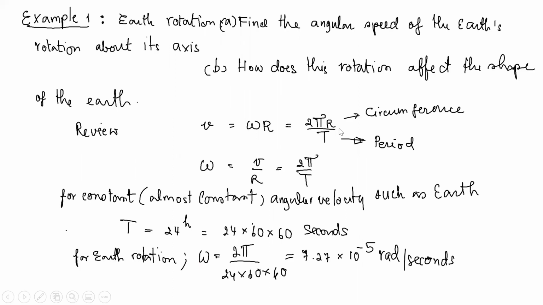Now, let's take a look at the example, which is the Earth rotation. Now, let's say our Earth is rotating around the axis, which is the north-south axis. It's called the rotational axis.